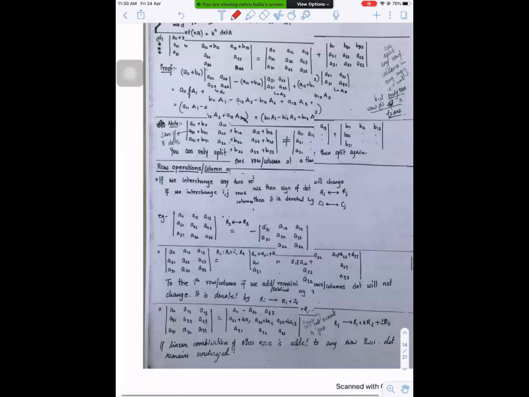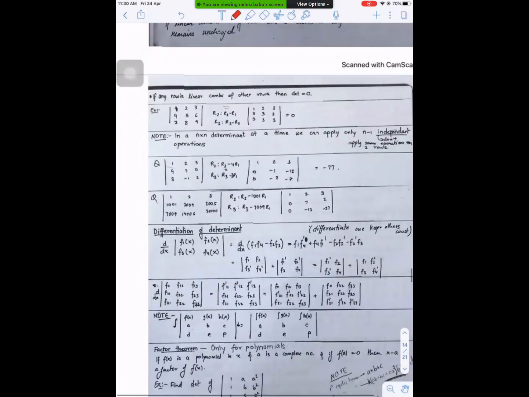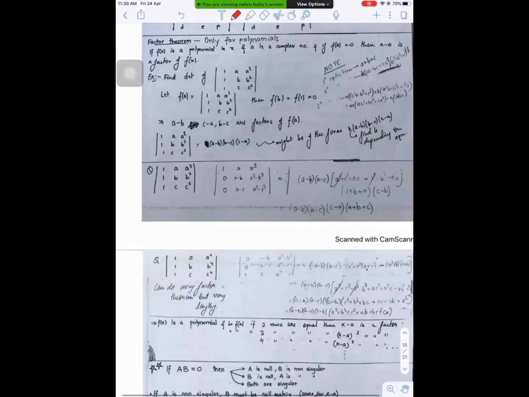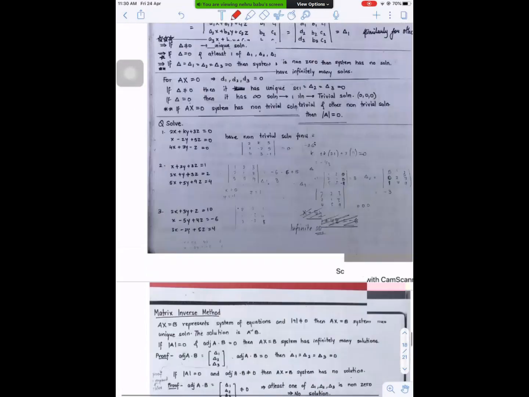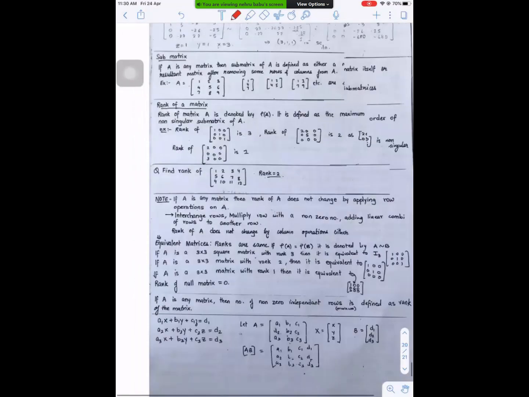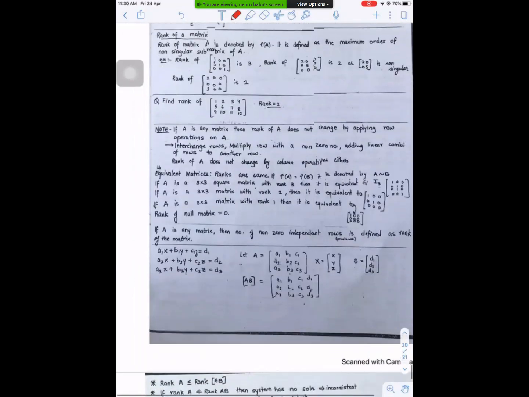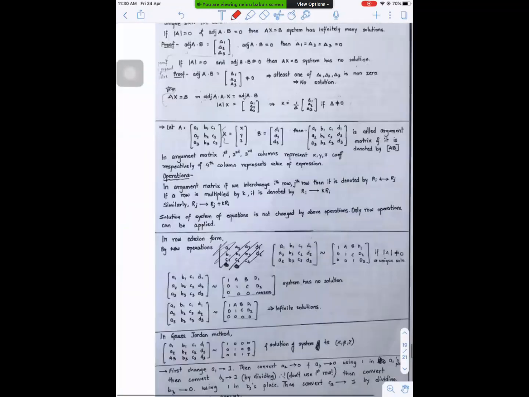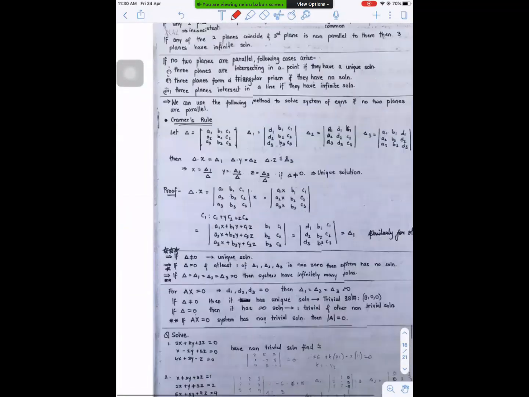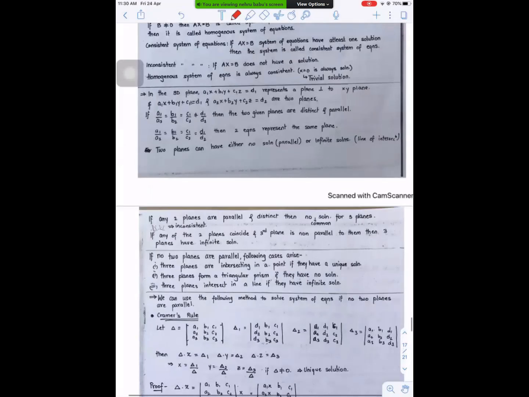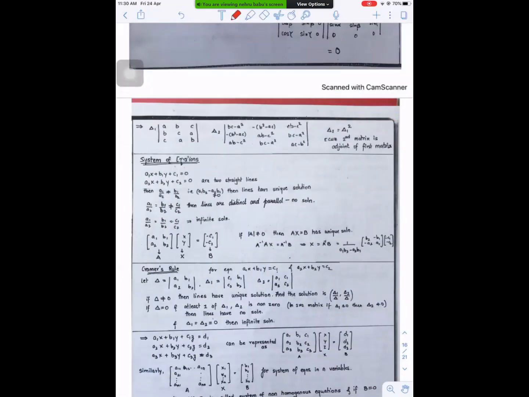I will also discuss differentiation of det, factor theorem, and system of equations: Cramer's rule and rank, which is in the syllabus. These topics are pending: product of dets, matrix inverse method, system of equations. Now time is 11:30.